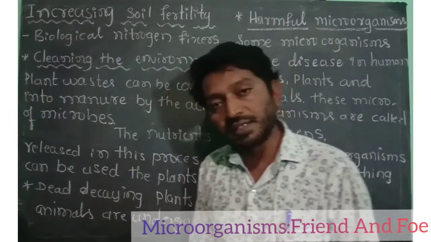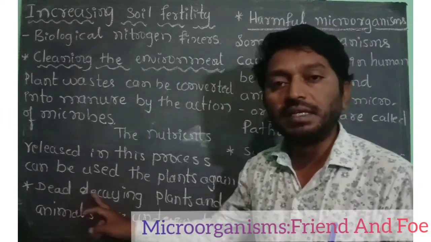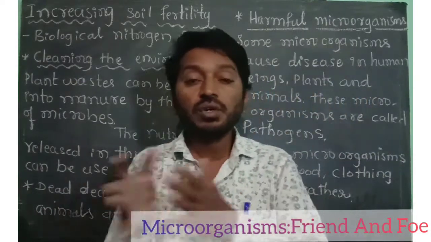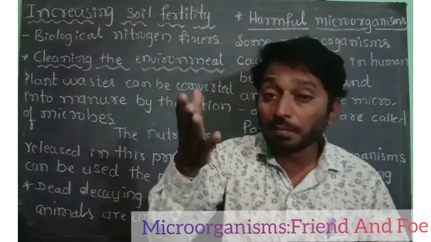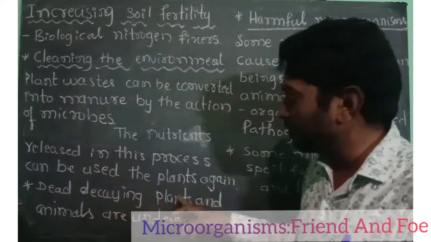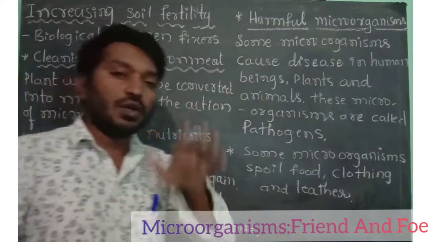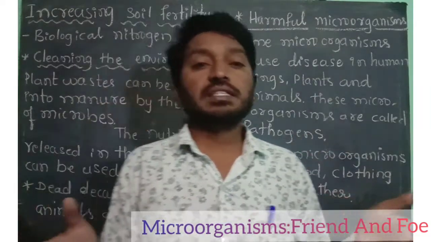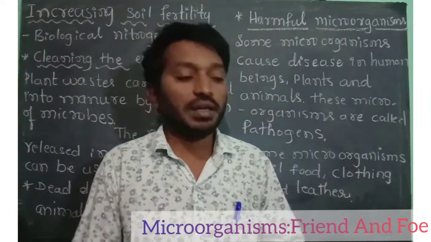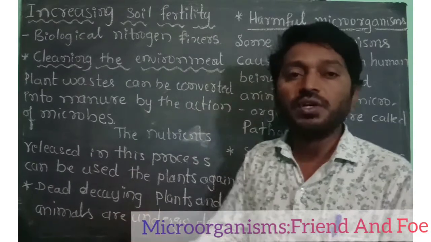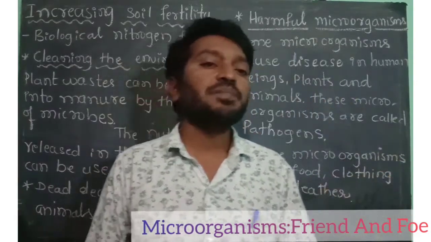Dead, decaying plants and animals also undergo decomposition by the microbes and are converted into useful manure, mixed with the soil, and the nutrients released in decomposition are used by other plants and animals.